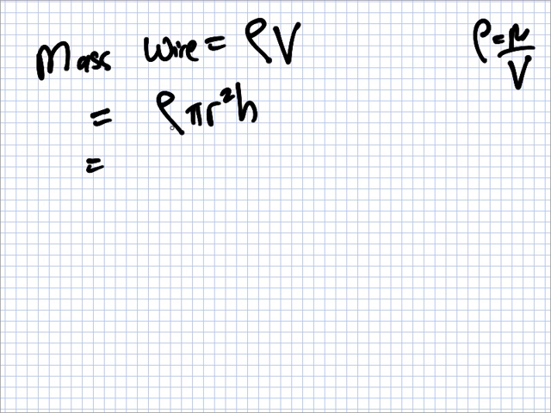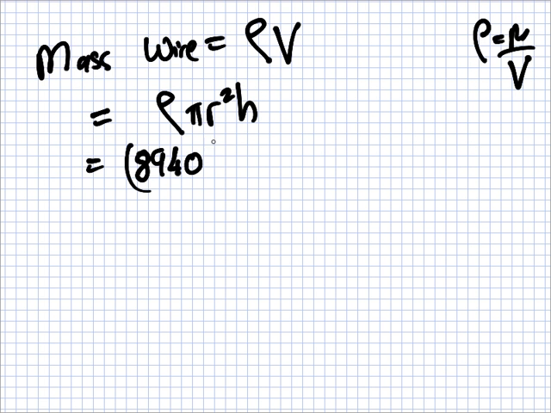Now, what's the density? I said it's 8.94 grams per centimeter cubed. You have to convert that into kilograms. So I think that works out to be 8940 kilograms per meter cubed.